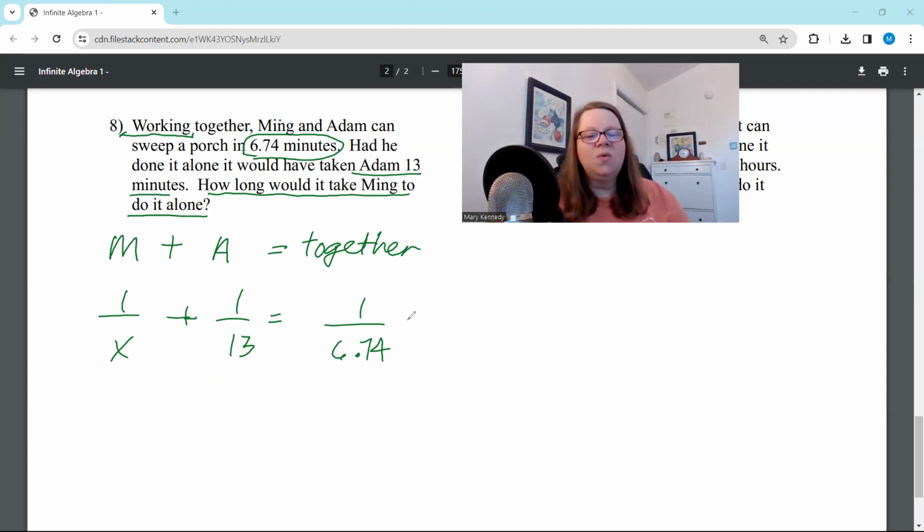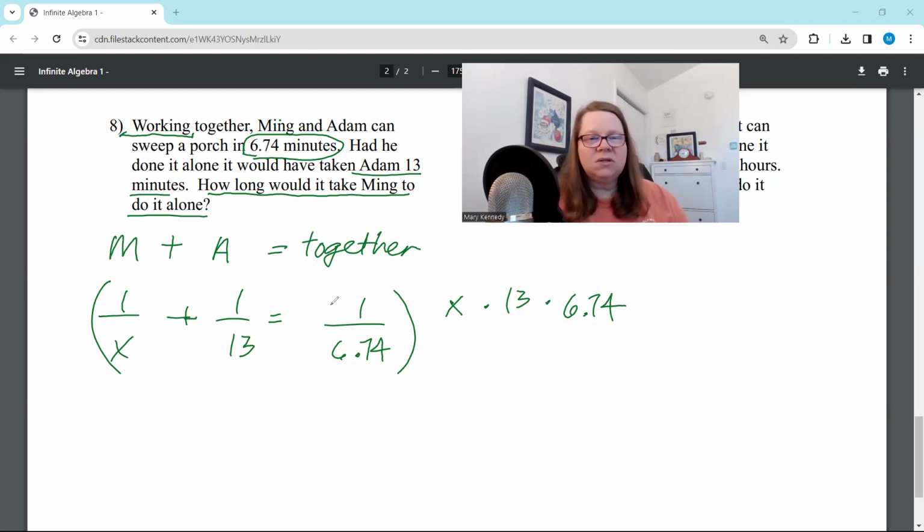Think that you want to multiply the whole thing times your denominators. So we're going to multiply everything times X, because that'll get rid of this fraction. We want to multiply by 13, because that'll get rid of this one. And we want to multiply by 6.74, because that will get rid of this one.